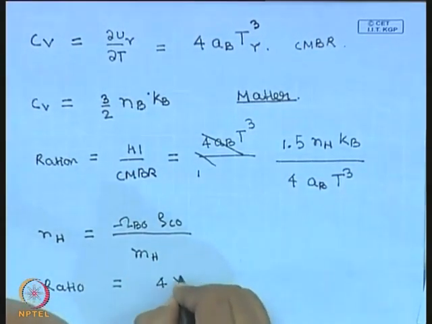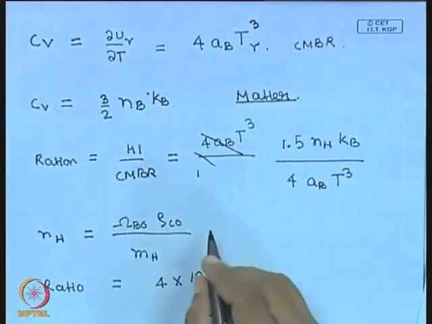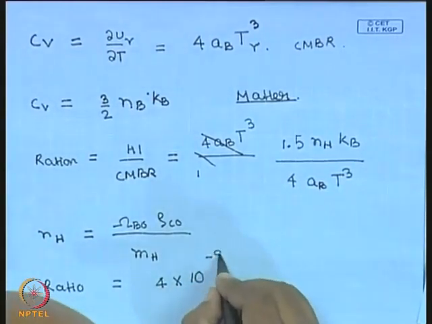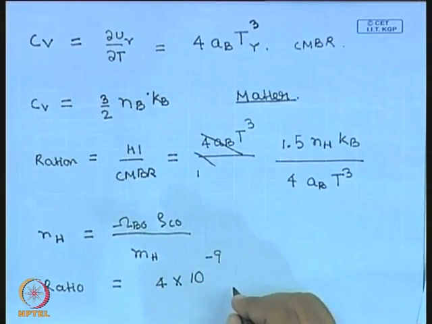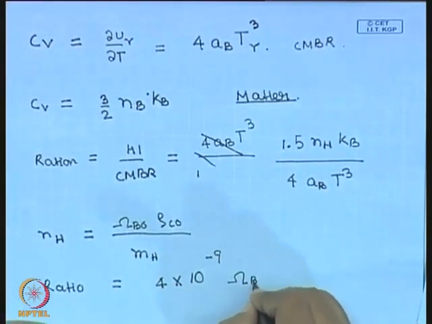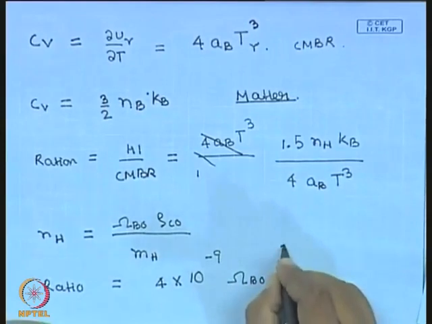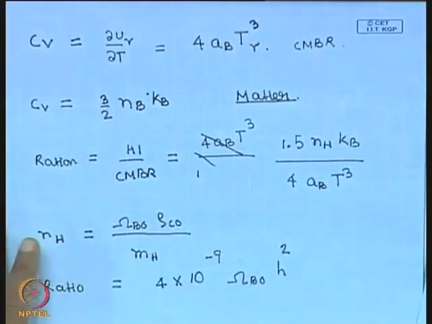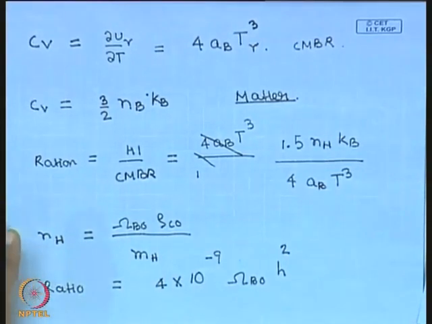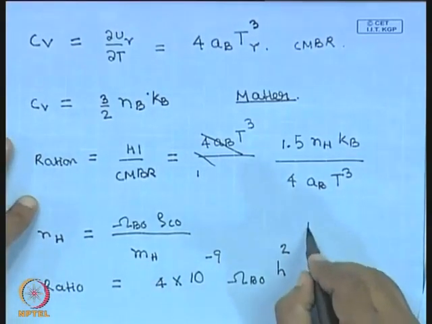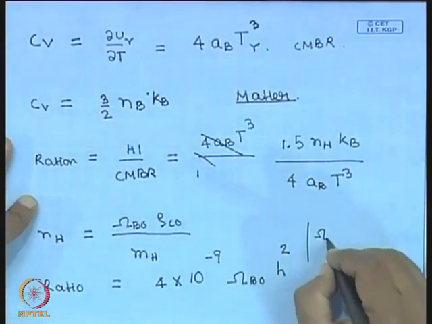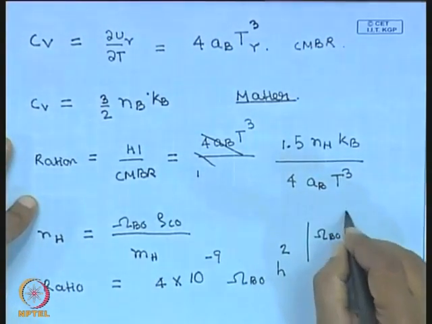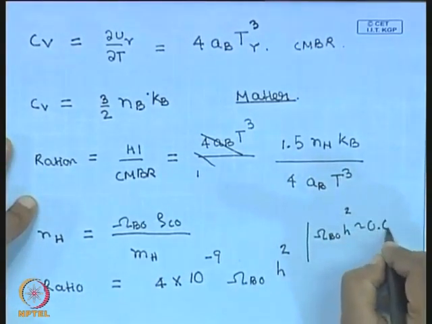comes out to be equal to 4 into 10 to the power minus 9 omega baryon naught h square. The h square is there because I have a rho critical here. Okay, and omega baryon naught h square has a value of around 0.02.